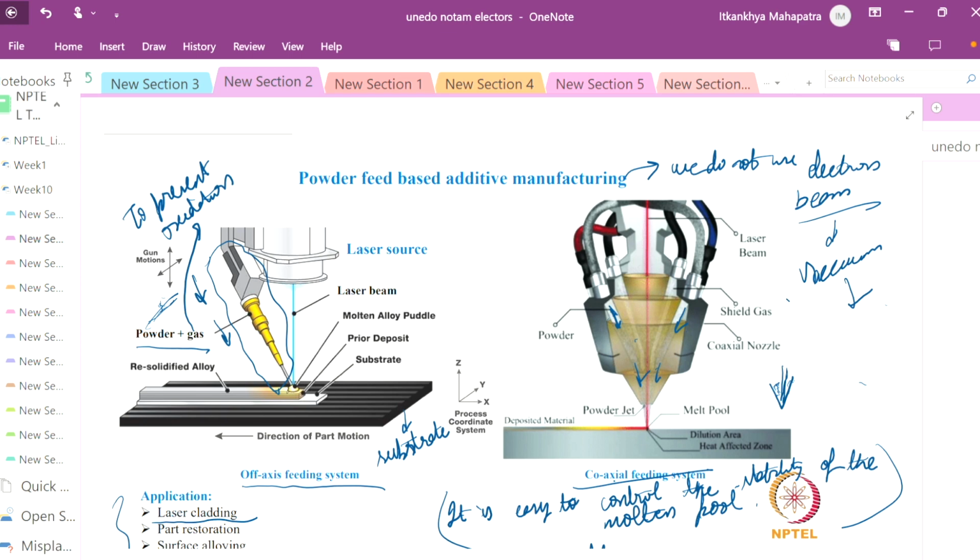Since it is easy to control, that is why the coaxial feeding system is mostly used.